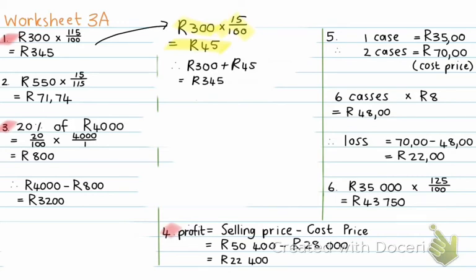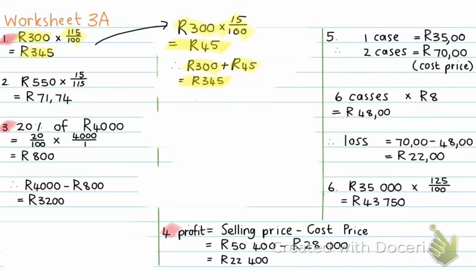So we have to add the VAT to the clothing's price, which is 300 Rand, and that gives me a total of 345 Rand. Or you simply could have multiplied the 300 with 115 over 100 at once, and then you will get your answer immediately of 345 Rand. Both methods are correct.